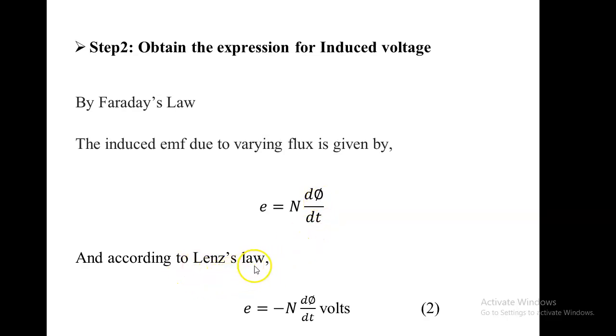And according to Lenz's law, whatever the value of EMF induced across the winding, it always opposes its cause of production. So the minus sign will be represented here. So E = minus N d phi by dt. The cause of production of EMF is the flux linkage, and the induced EMF across the primary or secondary winding will oppose it. So E = minus N d phi by dt in volts according to Lenz's law.